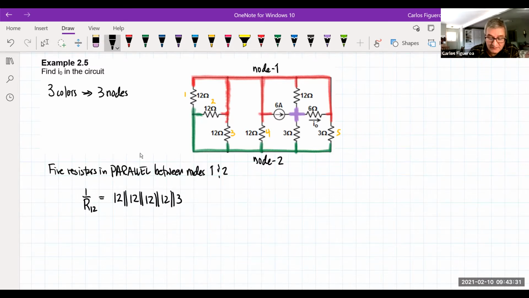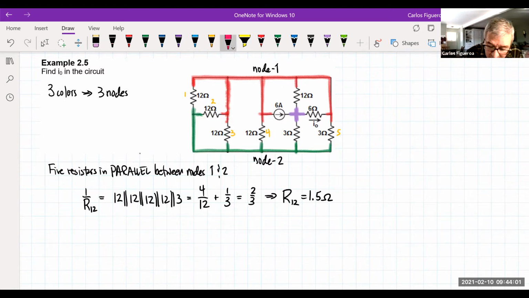So the 12 ohm resistor, there are 4 of them, plus one of them is 3. When I calculate that number, you could see here that this has to be 2/3. In other words, the resistance between nodes 1 and 2 is 1.5 ohms.